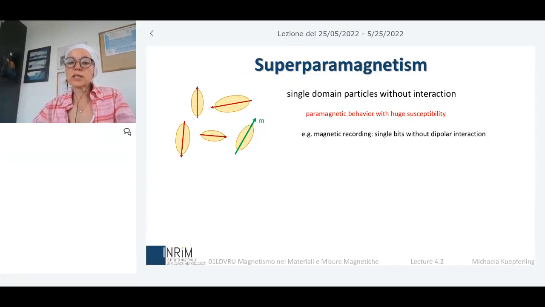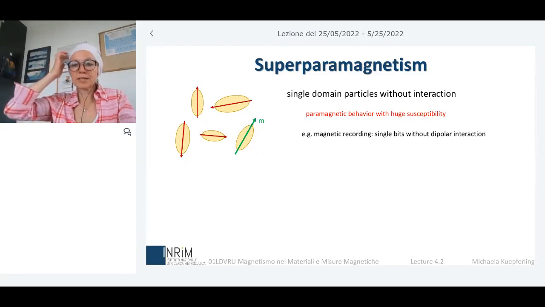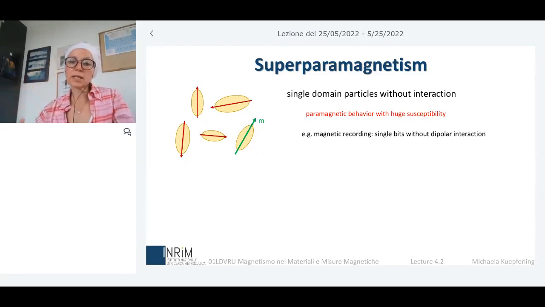And you can imagine that this is important in magnetic recording, because if you think about a hard disk where you store your single bits in tiny magnetic areas, then these magnetic areas, of course, should not interact with each other. Otherwise, you would cancel the information that you would like to store. Each single area should contain a single bit on your hard disk.